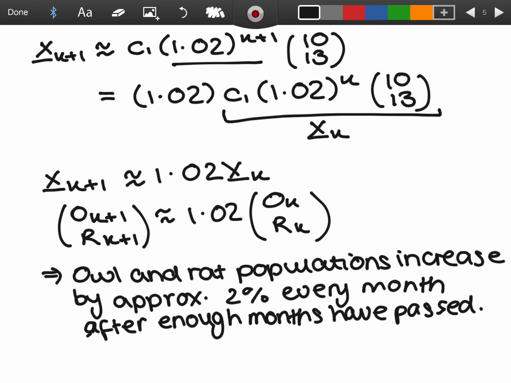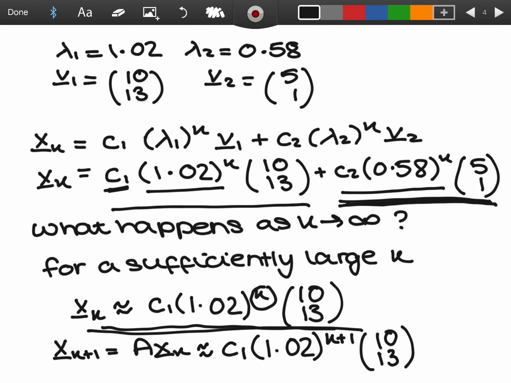Because of that, the term with the smaller eigenvalue would tend towards 0, so we know that our kth iteration will tend towards the term with the eigenvalue that has magnitude greater than 1. That happens with any system. So if you have an A that is greater than 2 by 2, it could be 3 by 3, 4 by 4, etc.